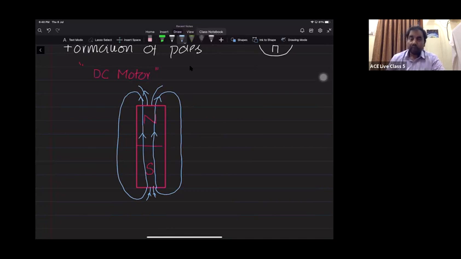Done. See, if I close this path, let me assume that the pole is closed. Then by looking at the side, you can see the magnetic field lines are coming out. So this is the core. The magnetic field lines are coming out. When the magnetic field lines are coming out, what is the pole that can be imagined there?